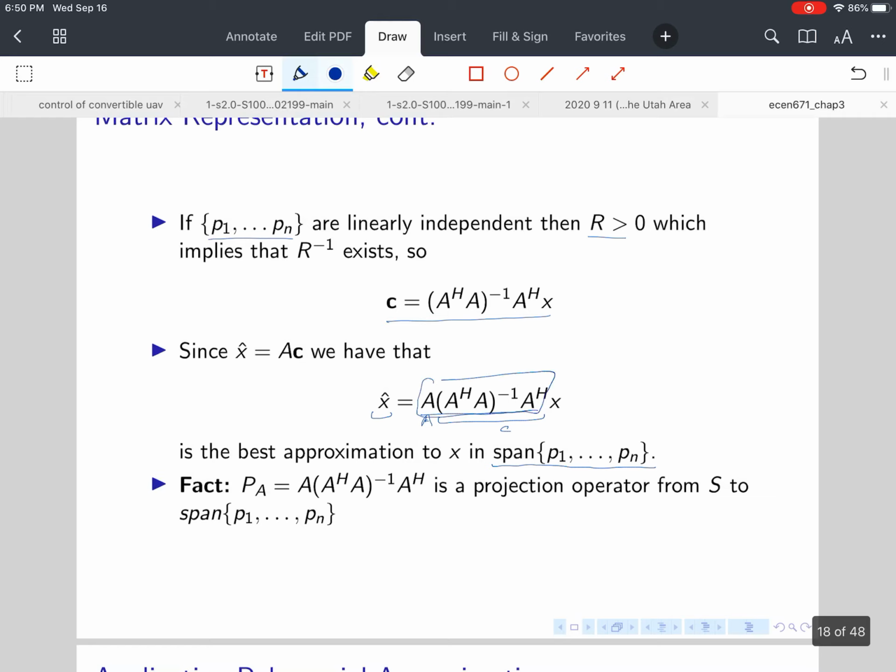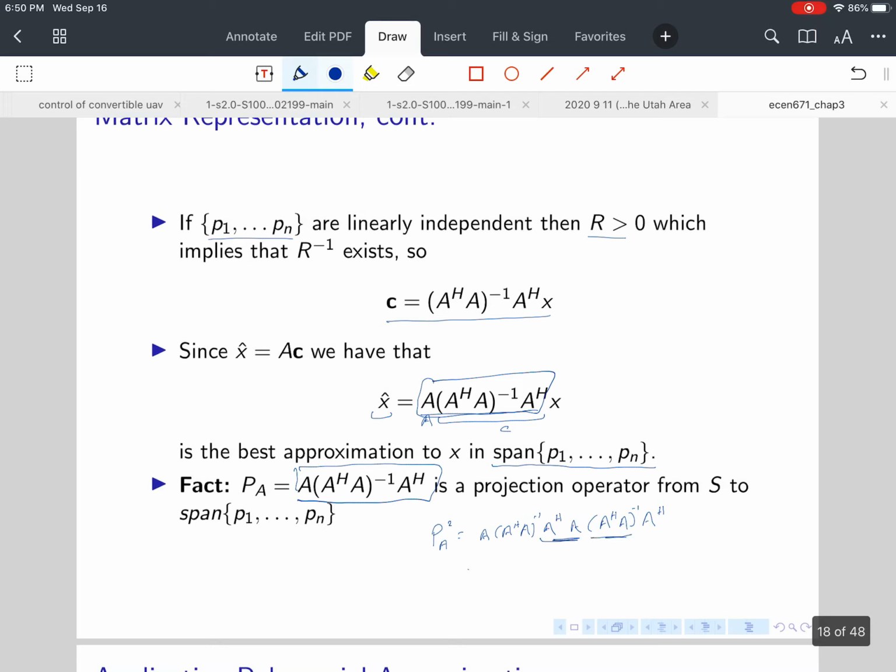Now, it's a fact that this matrix, A (A^H A) inverse A^H, is an orthogonal projection. It's a projection matrix. You can check P_A squared is going to be A (A^H A) inverse A^H times A (A^H A) inverse A^H.